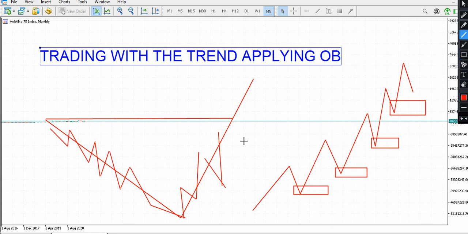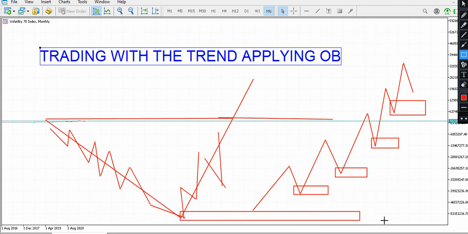So in an event that we see something like this, we said this is our break of market structure, and then we have an institutional candle down here, the last price prior to this move. We are still waiting for price to come down to respect this candle, and then shoot back up again.